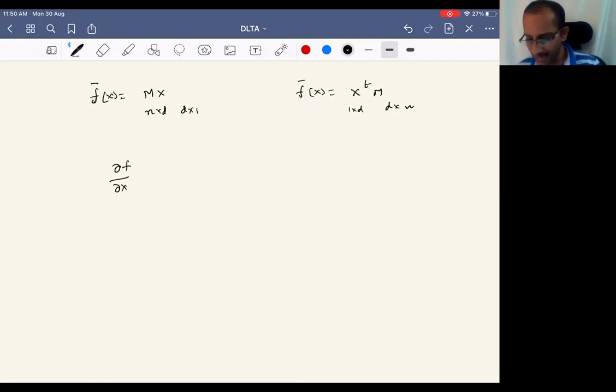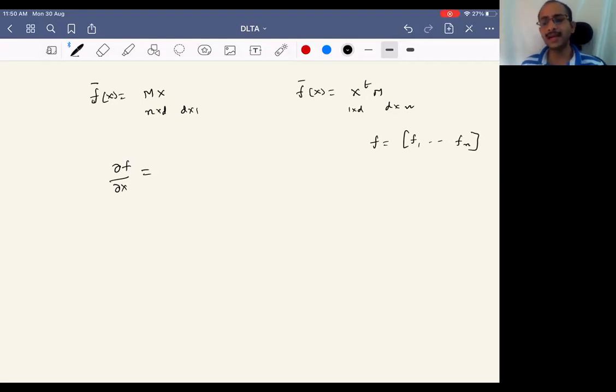So can one of you quickly tell what is the definition of this derivative, where f now has, in either of these cases, components f1 up to fn?